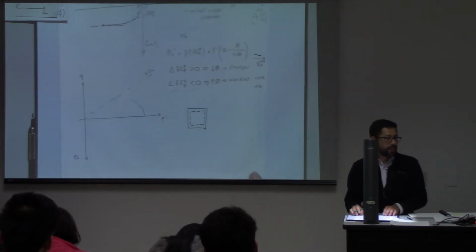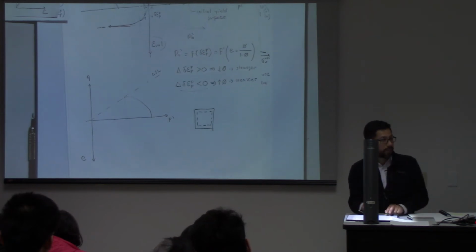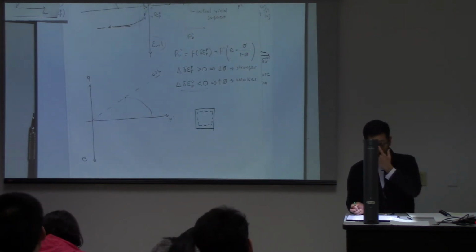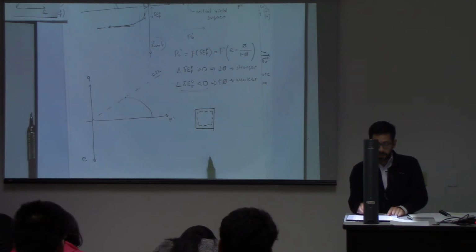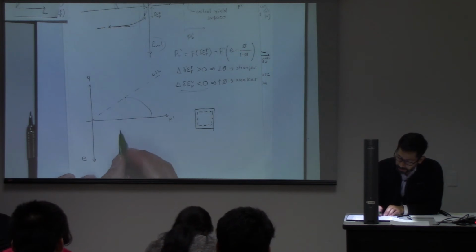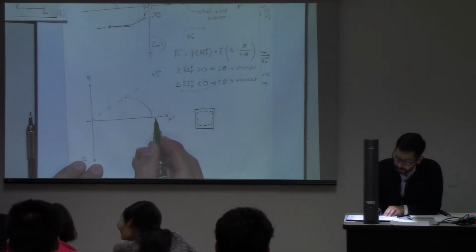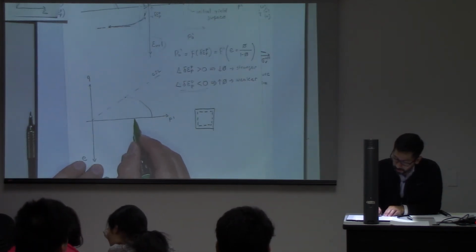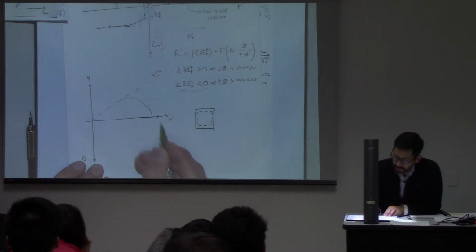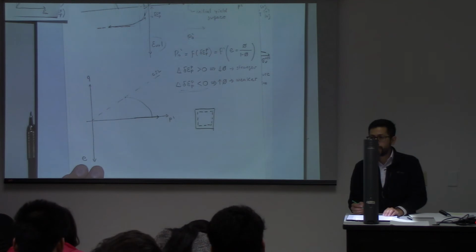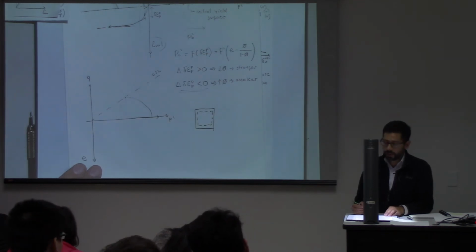Where would that stress path be in the QP space? On the x-axis, right? So it would be a path that goes, say, from here to there. It's an isotropic compression experiment.